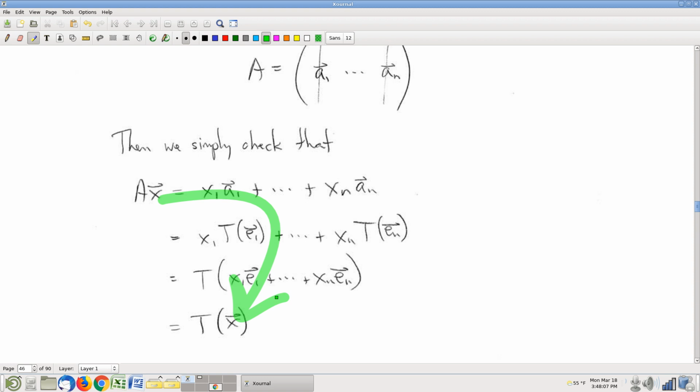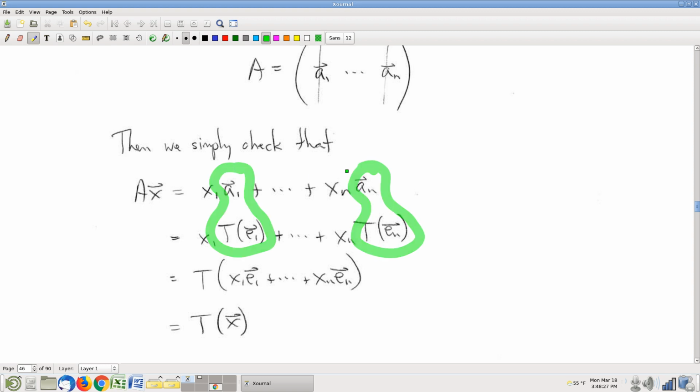So this is a tricky proof. The arguments here are not terribly tricky. I use a sort of Math 216 point of view on matrix multiplication here. We use linearity, and we use our construction here. Right.